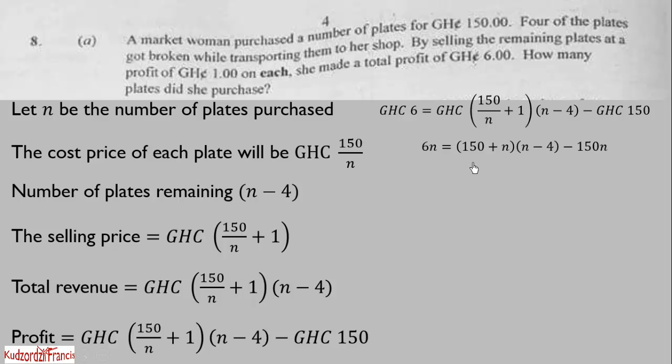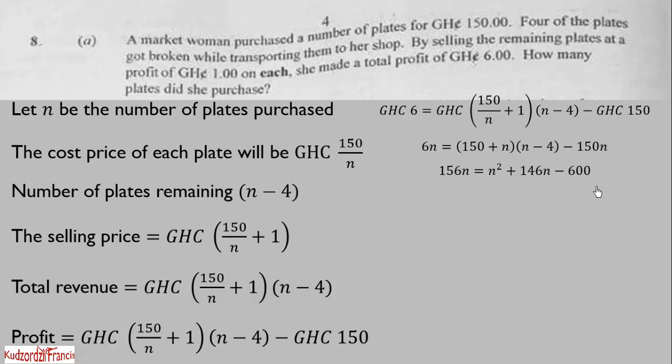Let us group like terms to get this. I brought the 150n to this side to add to the 6n, so 150n plus 6n will give you 156n. Then we have this one, we expand it.